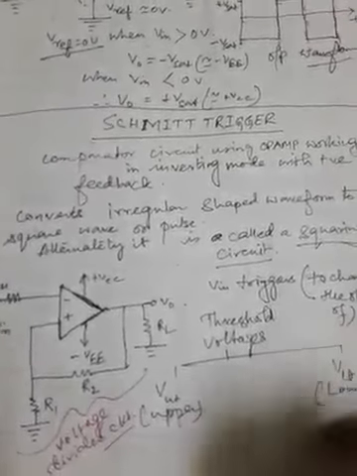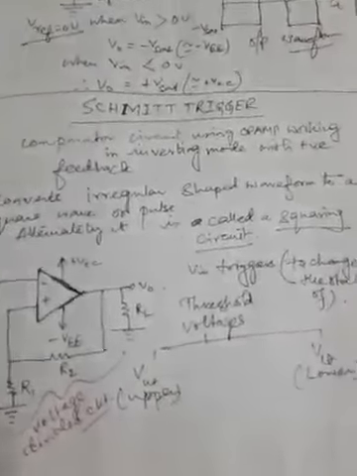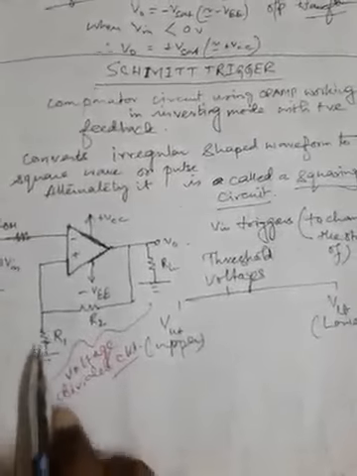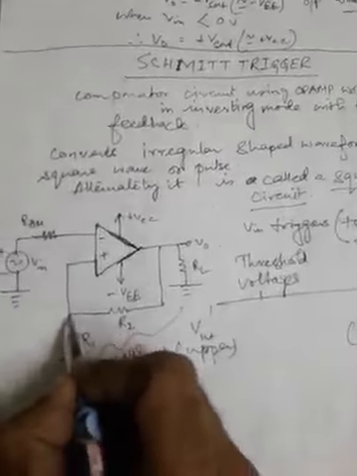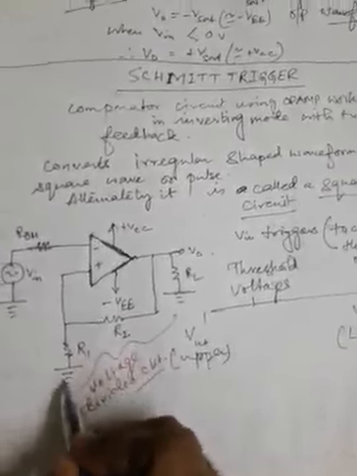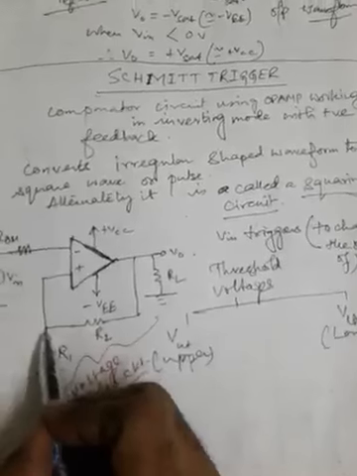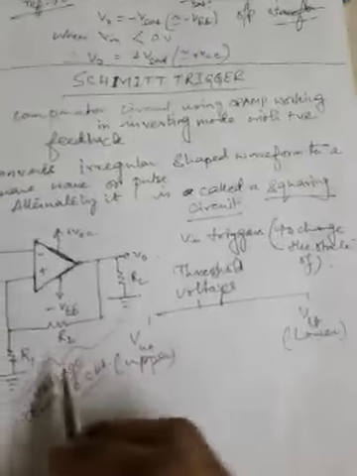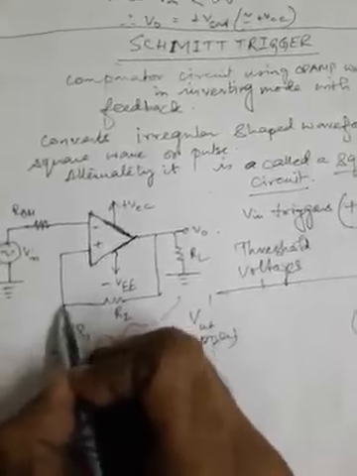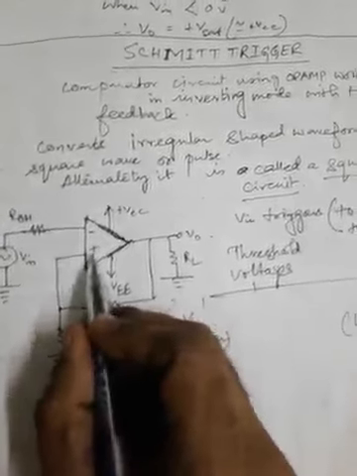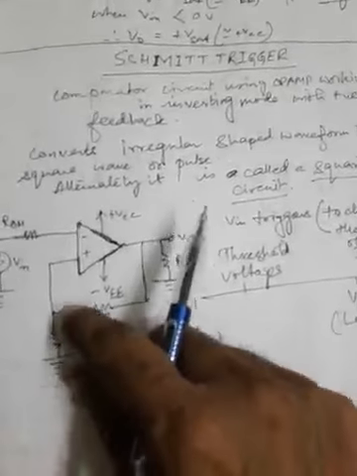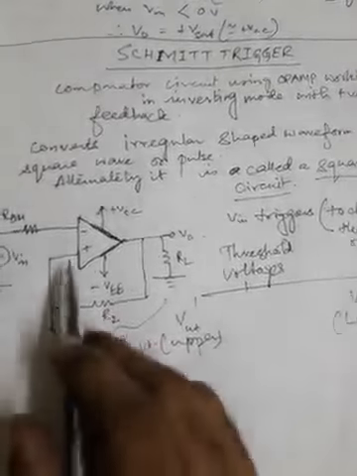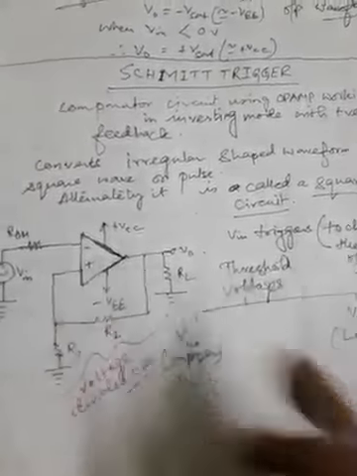Now here you can see the voltage across R1. The R1 is connected between this node and ground, and the voltage across R1 is fed back to the non-inverting input. And because this node is connected directly to this non-inverting terminal, whatever voltage is generated across R1 is applied at the non-inverting terminal.